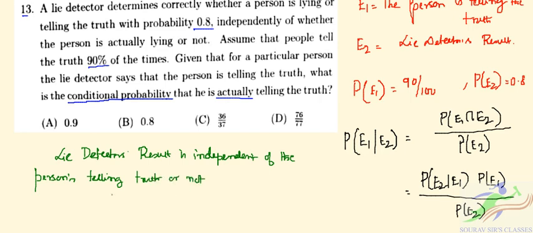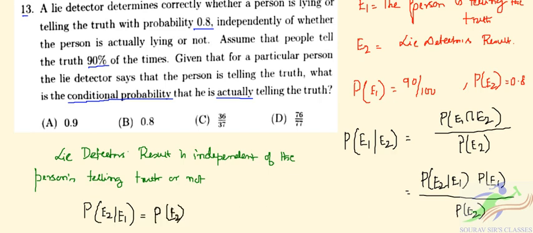So from here we can see that the conditional probability of E2 given E1 is nothing but probability of E2, right? So this is probability of E2.